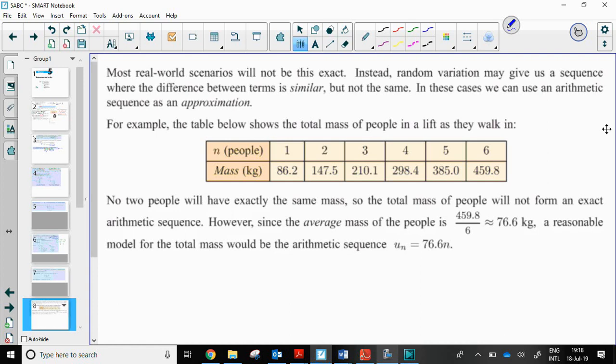But if we look at the totals there, we can get an average, an arithmetic mean, if you will, of the group of people, and then we could use that to predict approximately how much the mass would be if we had 10 people or something like that.